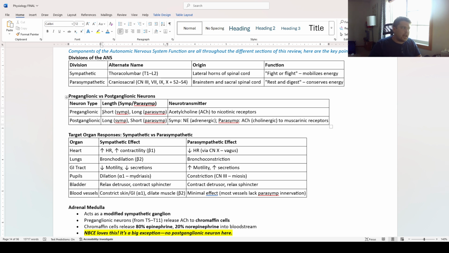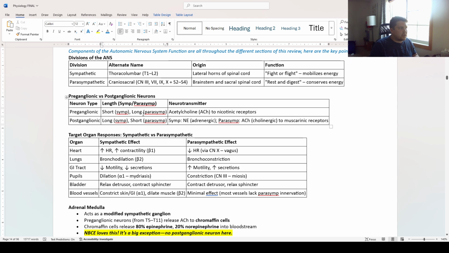If we think back to our anatomy section, the sympathetic chain ganglion is this group of ganglion that are literally located right along the vertebral bodies. So as soon as we exit outside of the spinal cord, those are our ganglion for the sympathetic nervous system. And then that was where it synapses to the postganglionic sympathetic neuron, and those are longer ones that go all the way to the organ systems.